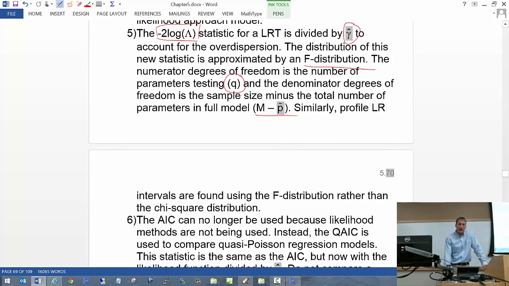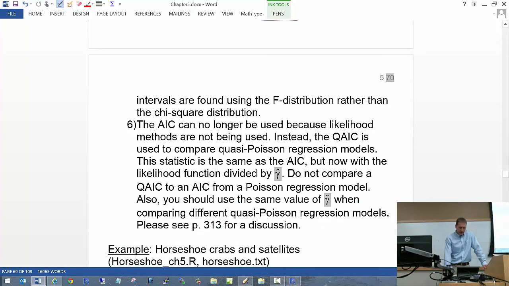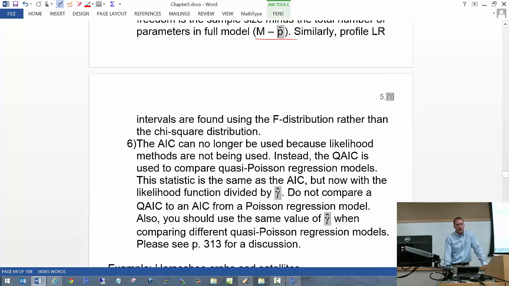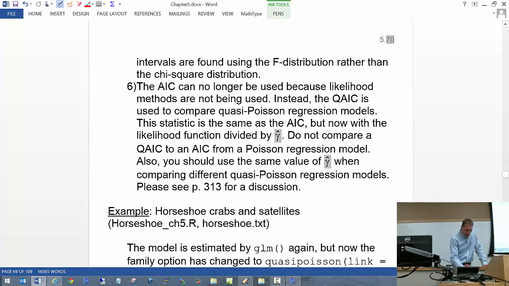Profile likelihood ratio intervals can be found as well. I guess it would probably be good to call these quasi-profile likelihood ratio intervals. Well, what about the AIC? The AIC, and any information criteria, is based upon the parametric assumptions that you're making, meaning y is distributed Poisson. Again, we don't have that now, so we can't use the AIC exactly.